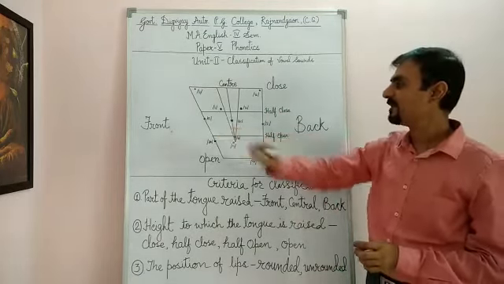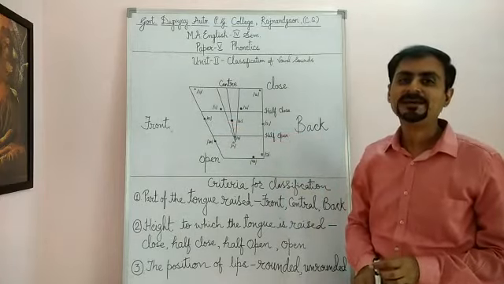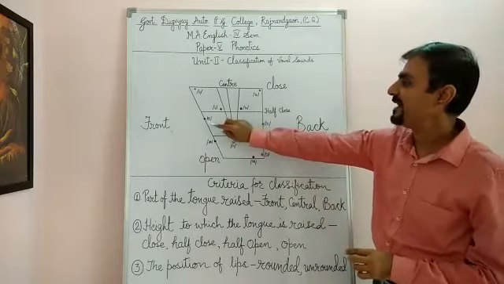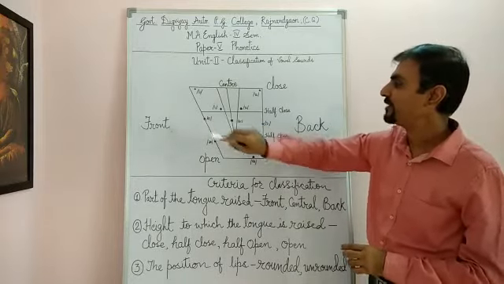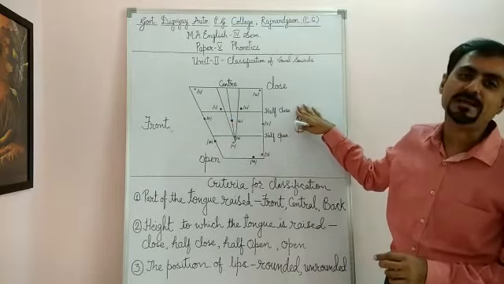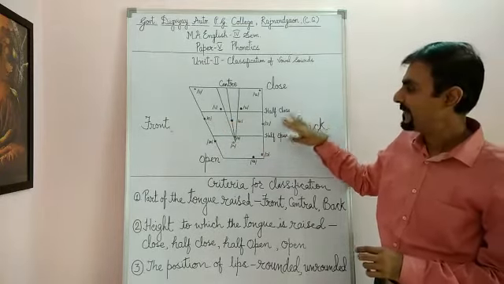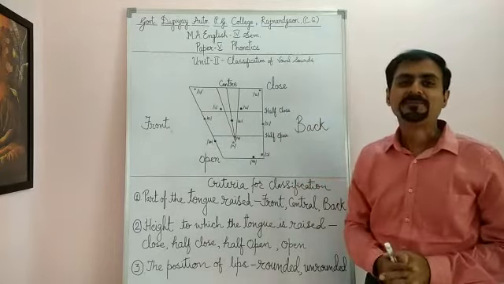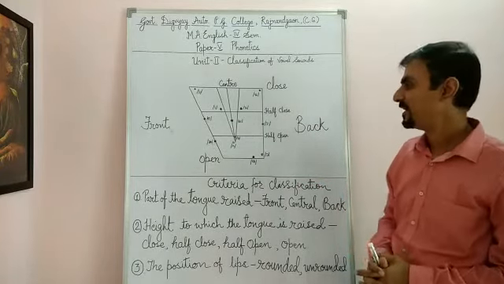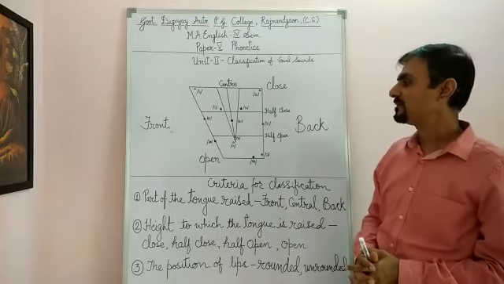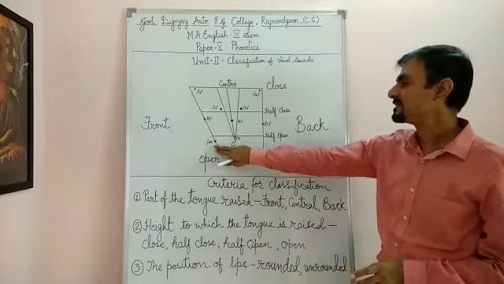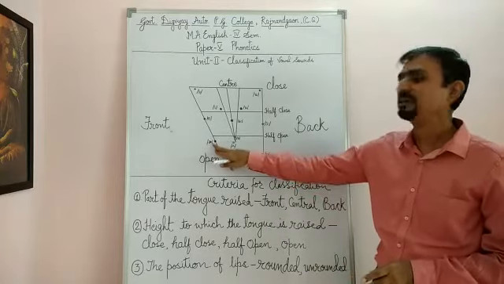Then the third vowel, A as in bet, A as in set. It can be defined as a front unrounded vowel just below the half closed line. Next comes A as in bat, A as in hat. A is also a front vowel. It is unrounded and it is just below the half open line.